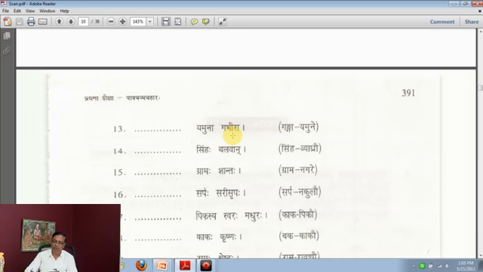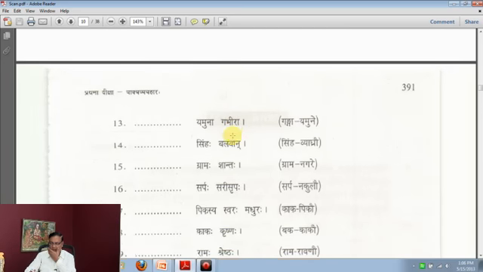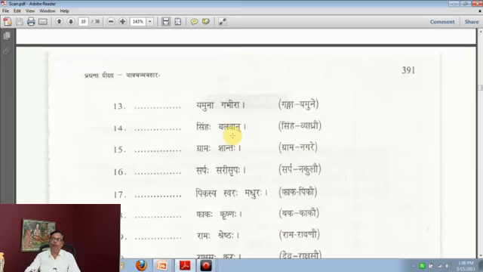Simha Vyagrayoho Simha Balavan. Between the lion and tiger, lion is stronger. Lion is the king of the jungle, Mrugaraja, the king of the animals. So, Simha Vyagrayoho, you derive it. Simha Vyagrayoho Simha Balavan.